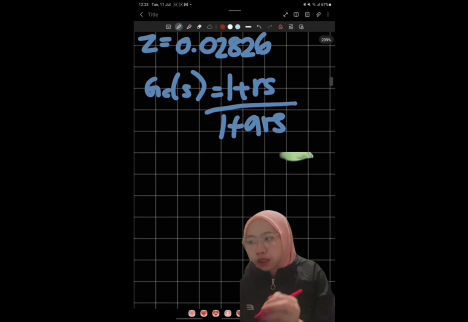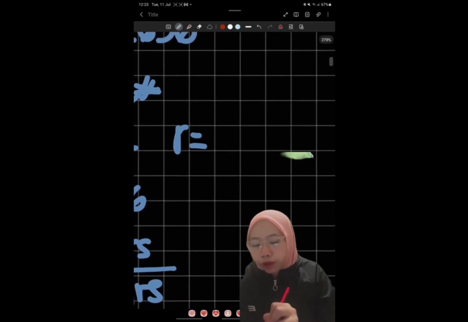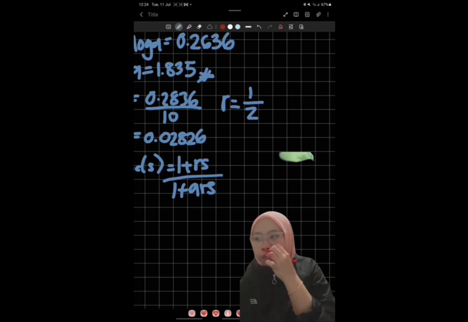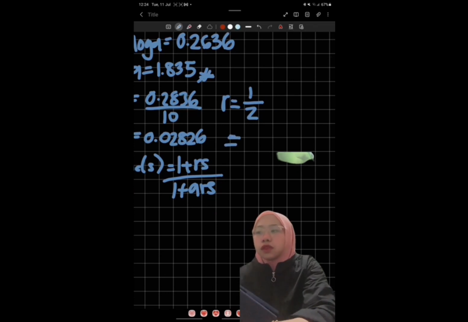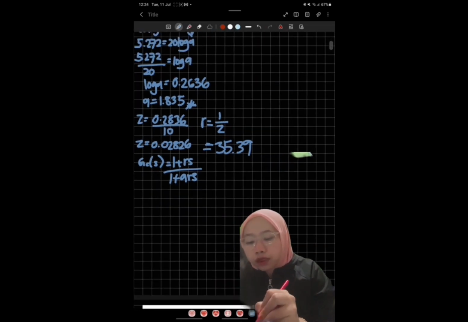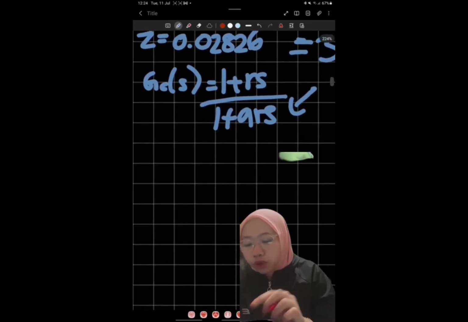For the formula, R is 1 over Z. So the Z answer is 0.02826, and 1 divided by 0.02826 gives us 35.339.